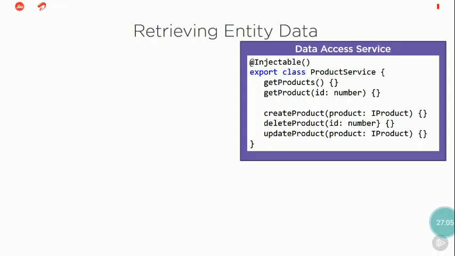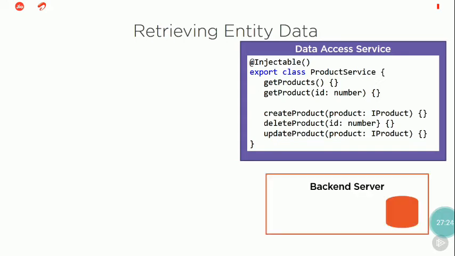Most applications deal with some entity data, such as movies or posts or financial transactions or products. These applications retrieve that data from somewhere, work with it as needed, and store any changes back. We often build a data access service to encapsulate these operations, using HTTP to contact the appropriate backend server.